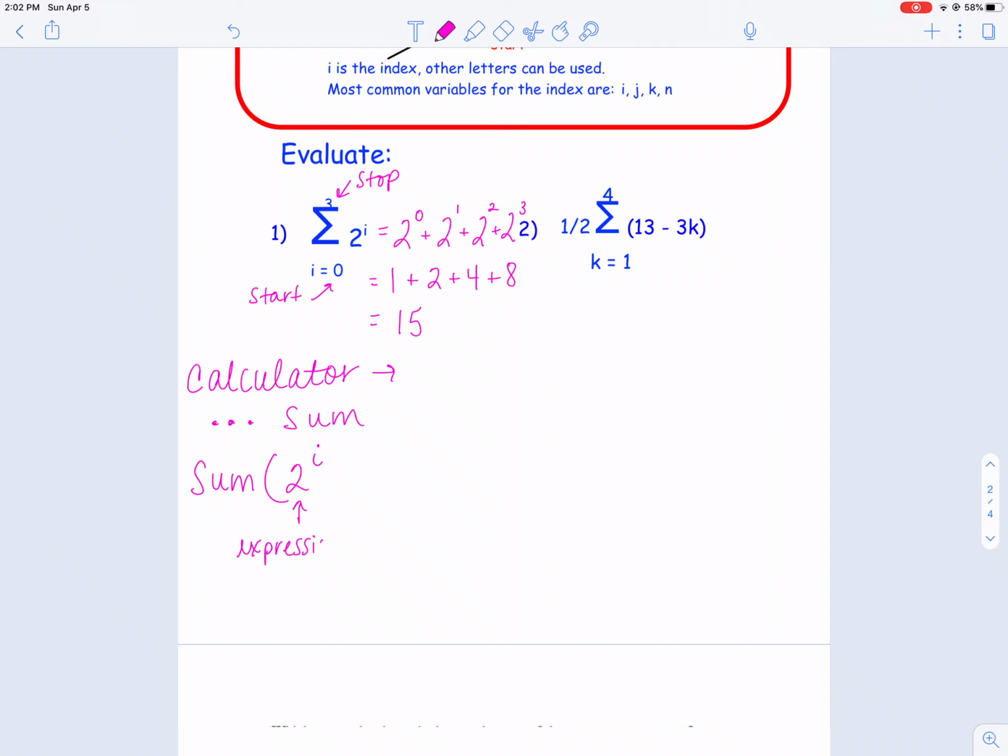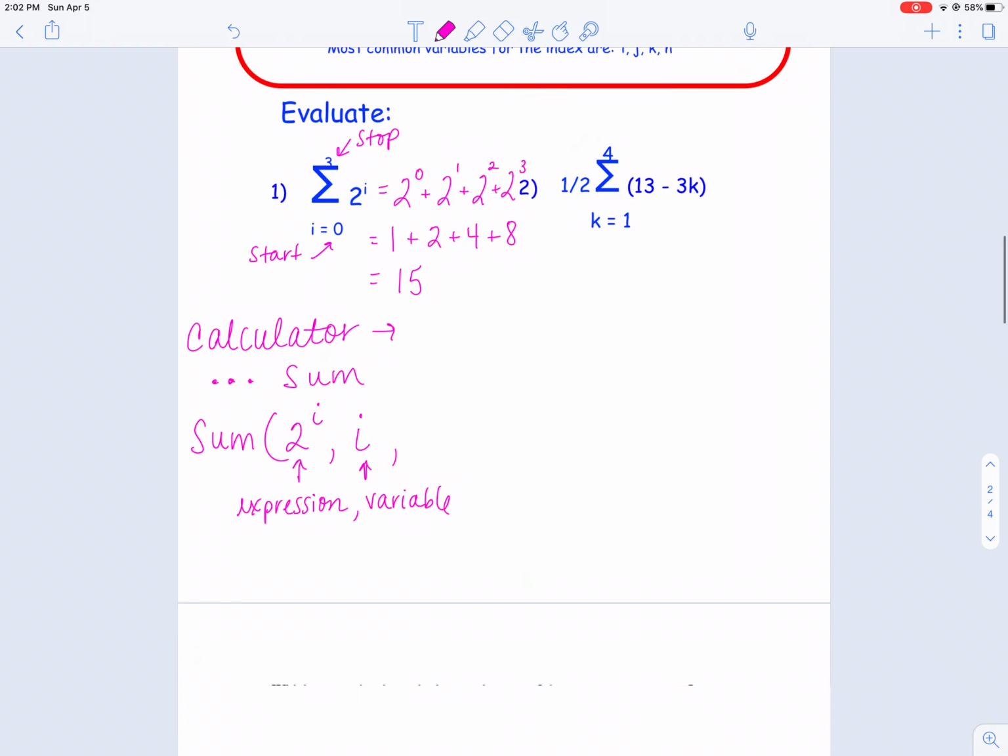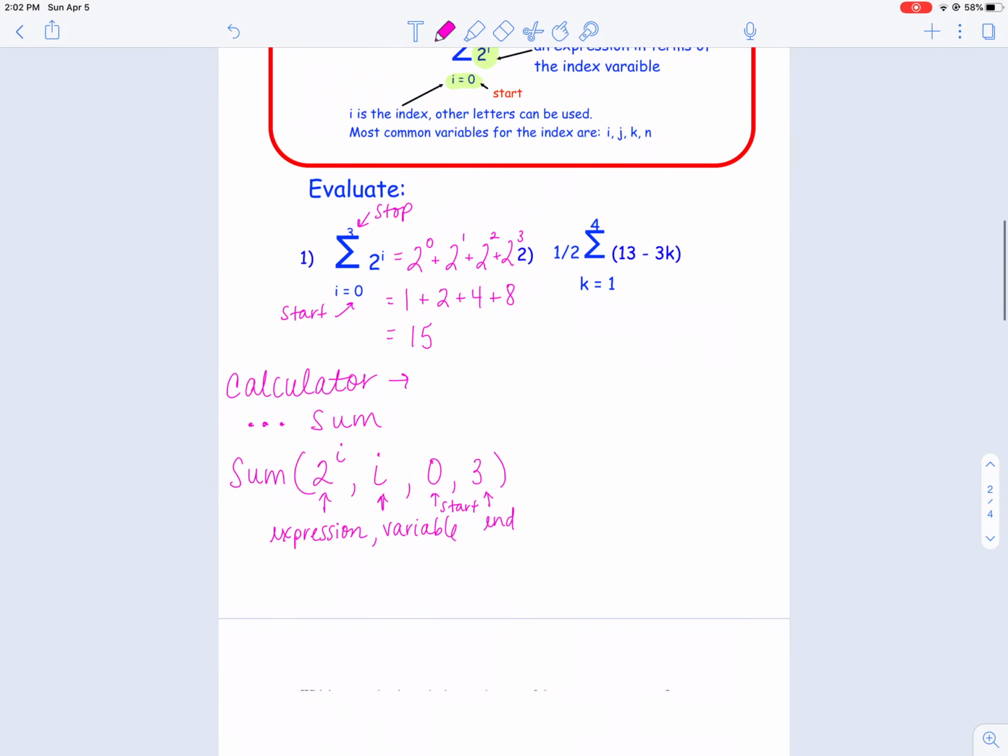It's going to be what's right next to your summation. The next thing you're going to do is define the variable. So you're literally just saying, I'm using the variable I. Then you're going to use your starting number, 0. It's where we start. And your ending number, 3. Close your parentheses, and you should have your answer.